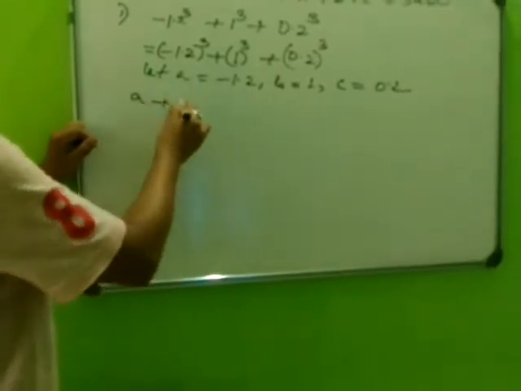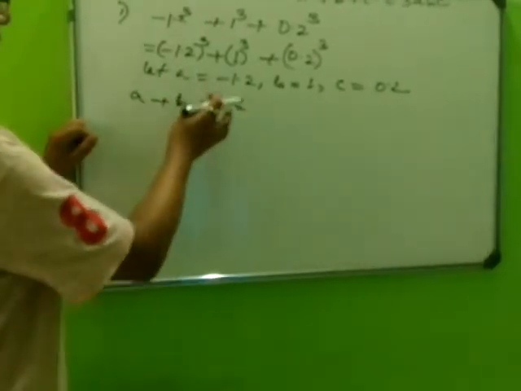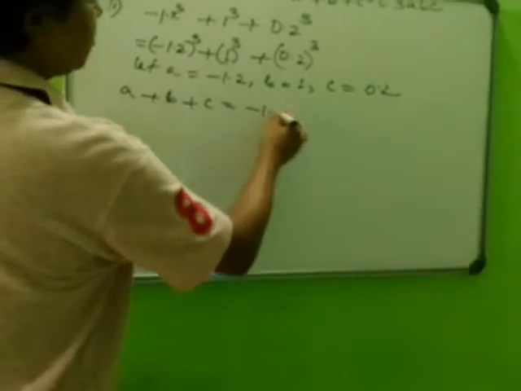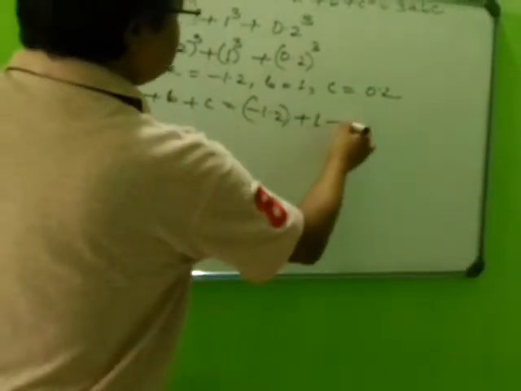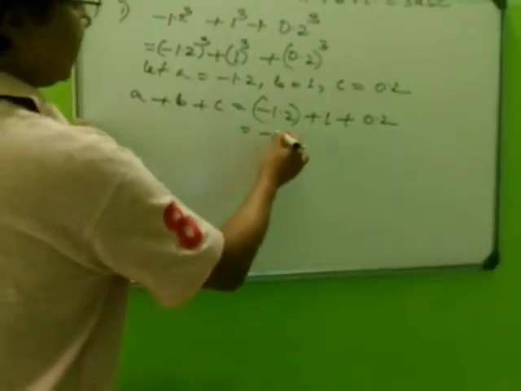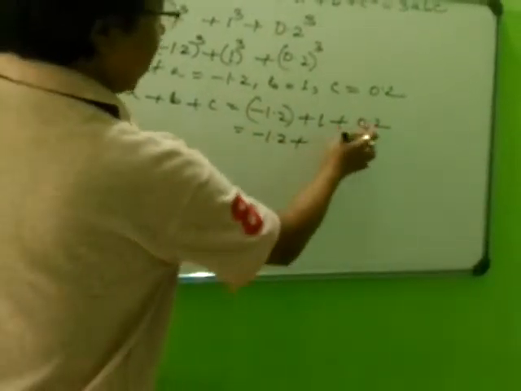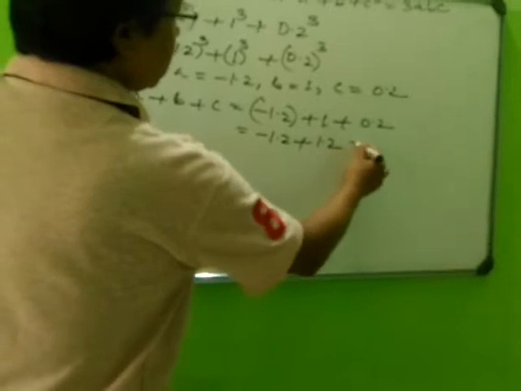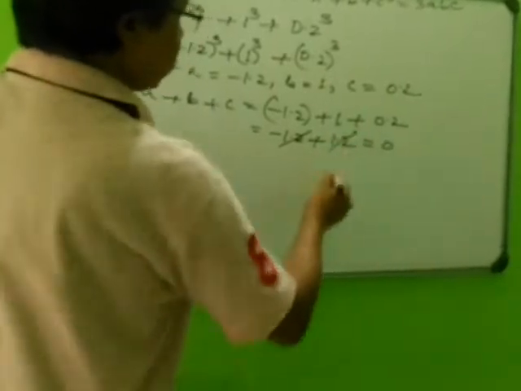Now A plus B plus C equals minus 1.2 plus 1 plus 0.2. Adding these two you get 1.2, so you get 0, negative and positive.